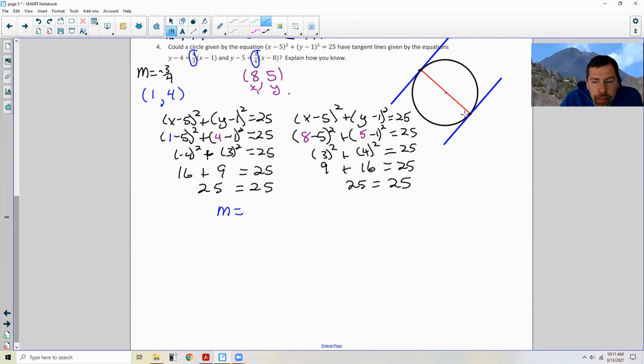So these 2 lines are not parallel. So right there, if I now just use that as an example or a reason, then we have just shown that this blue line has a slope of 4/3 and this blue line has a slope of 3/4. So they have different slopes. So they can't both be tangents to the endpoint of the diameter.